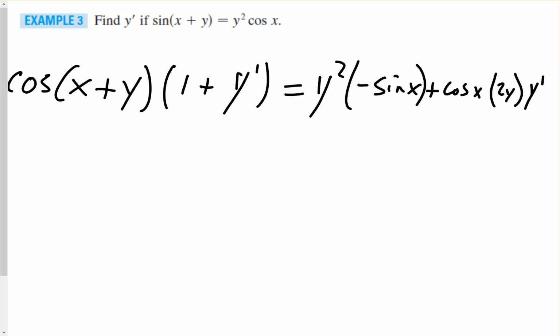Now our goal is to get the y primes together, and then we could try to isolate the y primes on one side.